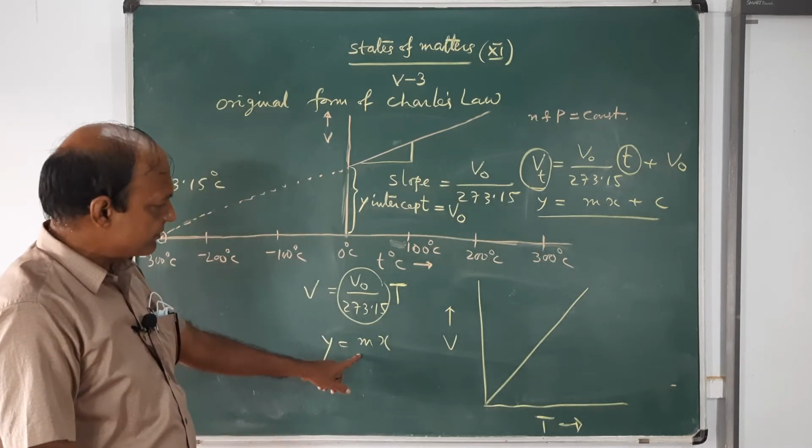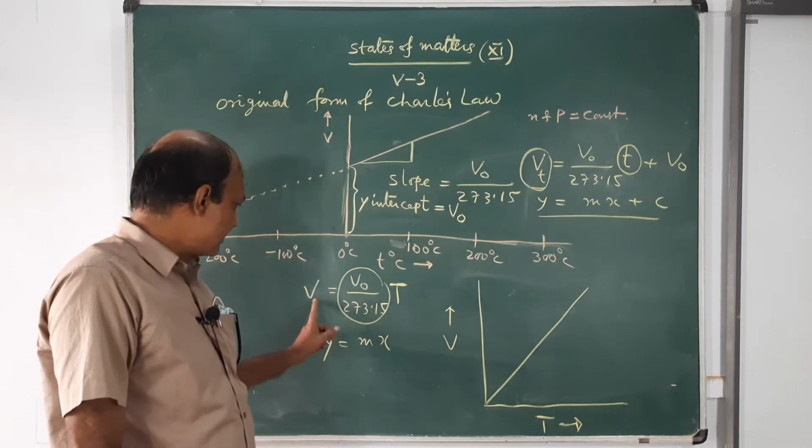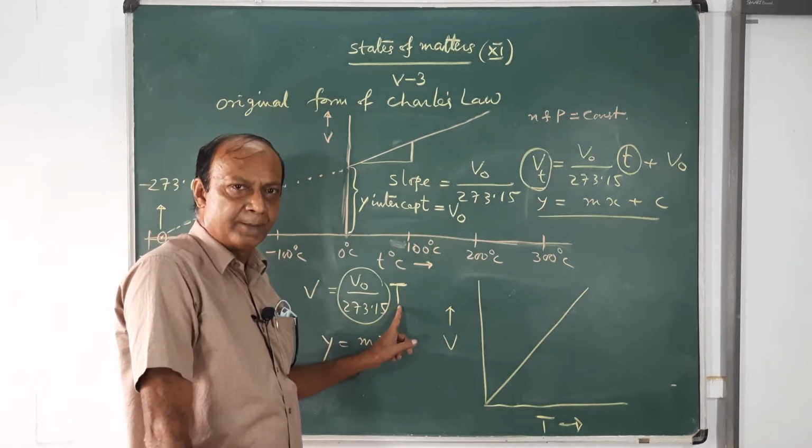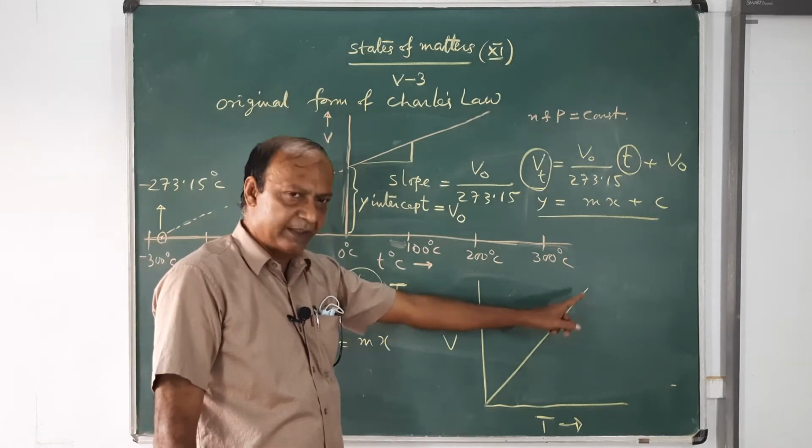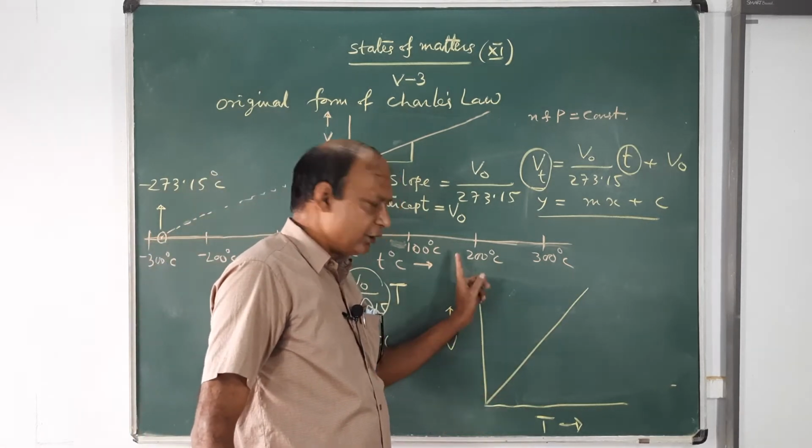Volume versus absolute temperature, Kelvin temperature, is a straight line passing through the origin. As the temperature increases, volume increases.